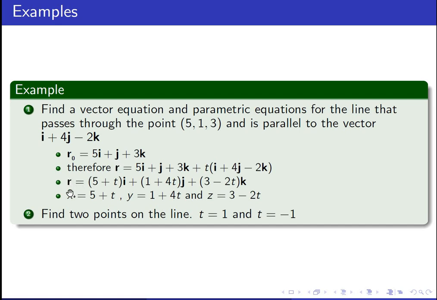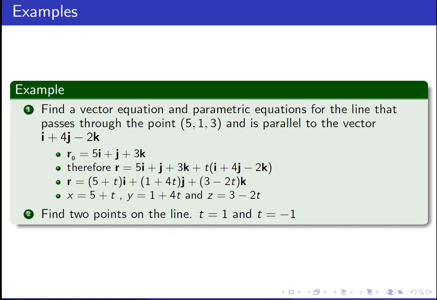The parametric equations are simply the components: the x component is x equals 5 plus t, the y component is y equals 1 plus 4t, and the z component is z equals 3 minus 2t. So we found our vector equation.